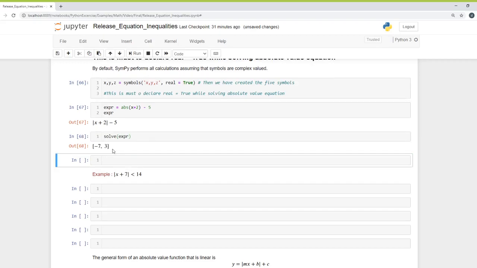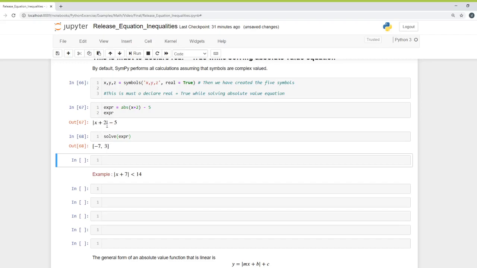So minus 7 and 3. We have two values, minus 7 and 3, which satisfy this equation. When you put minus 7 plus 2, what happened? It will become minus 7 plus 2 minus 5, absolute value of minus 5 minus 5 is equal to 0.